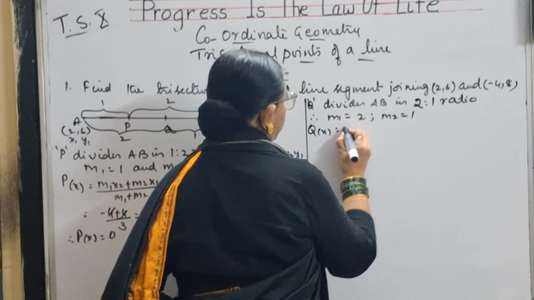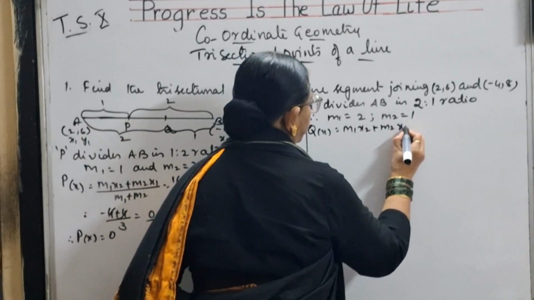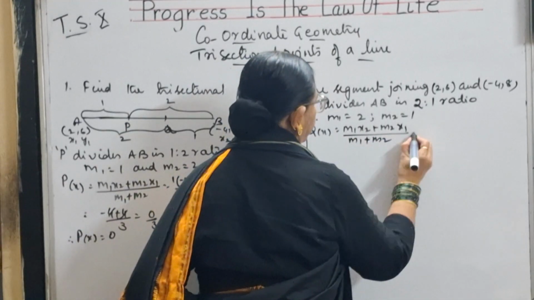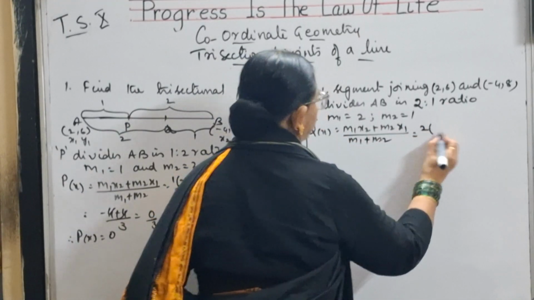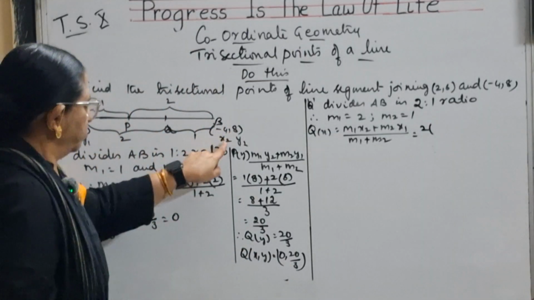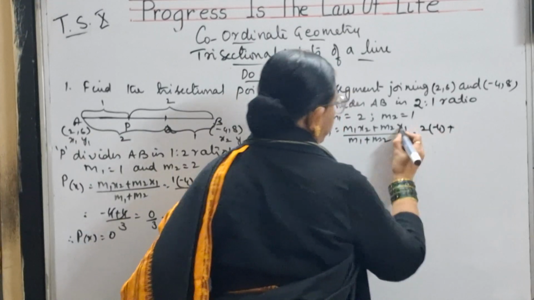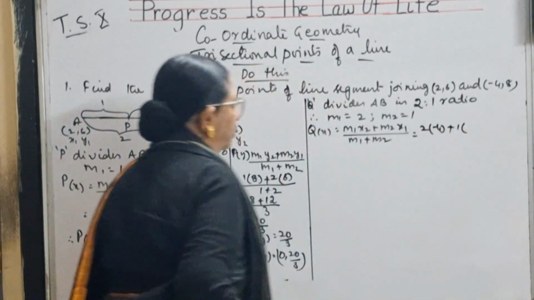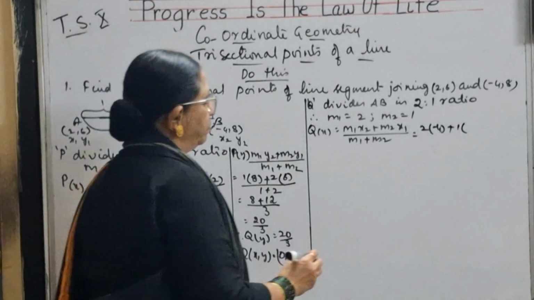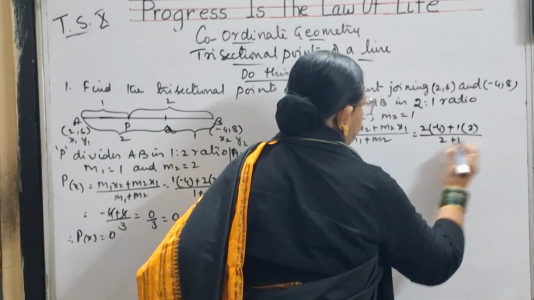Q of x is equal to (M1 x2 plus M2 x1) by (M1 plus M2). So M1 is 2 into x2. x2 is minus 4, plus M2, which is 1, into x1. x1 is 2, by 2 plus 1.